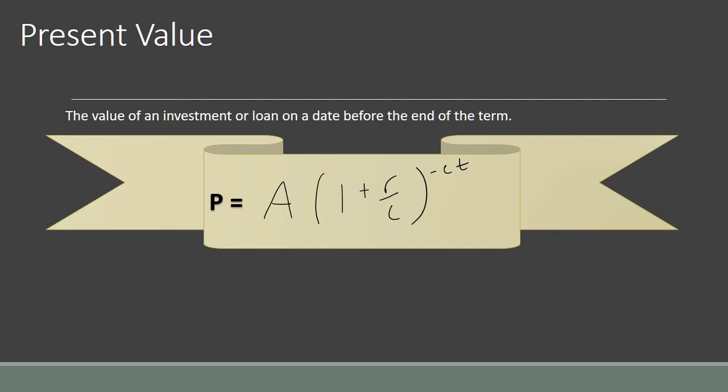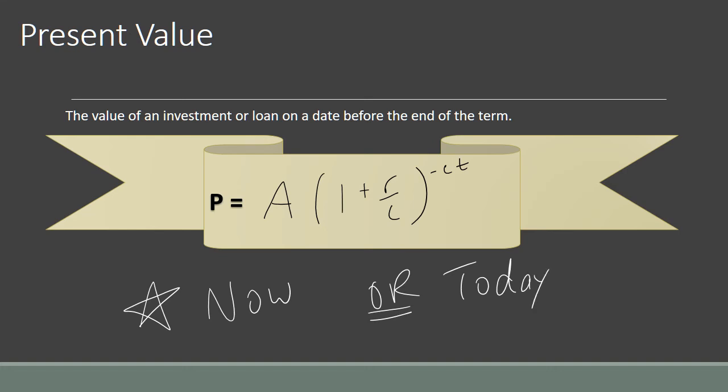Now, how are you going to tell the difference? Because if you remember from the opening, I told you all of these questions are going to do with compound interest. So how do you tell if this is like a future value or a present value? Well, for present value, you're looking for some keywords, and it might not always be these 2, but 2 of the more prominent words you're going to see is how much do you need now, or how much do you need today?